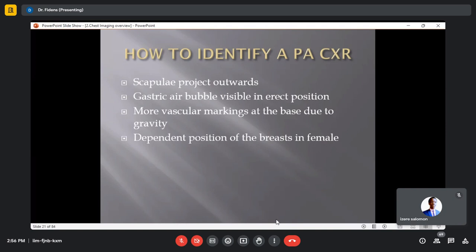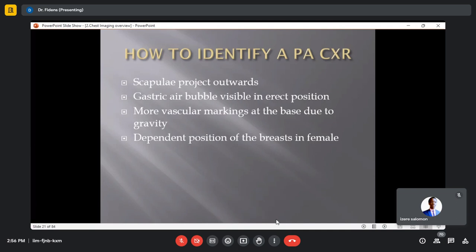Number one, more important than the others, is to see if the scapulae project outwards of the lung fields. Others can still change, but this one, no. In PA, the scapulae project outwards of the lung fields. Gastric air bubble is visible in erect position.